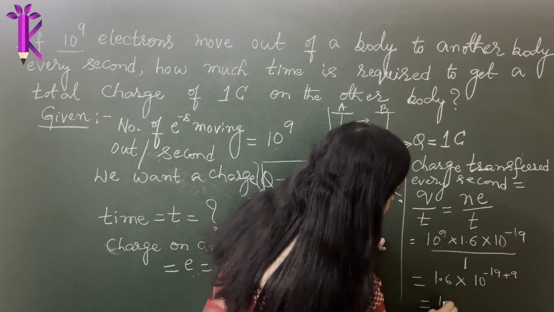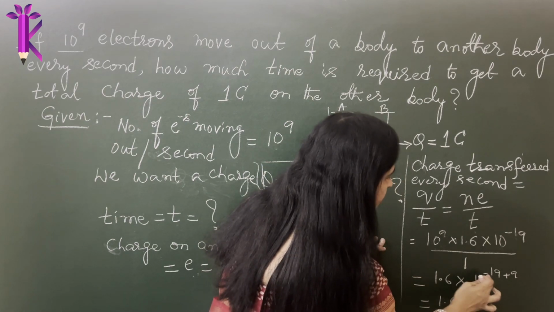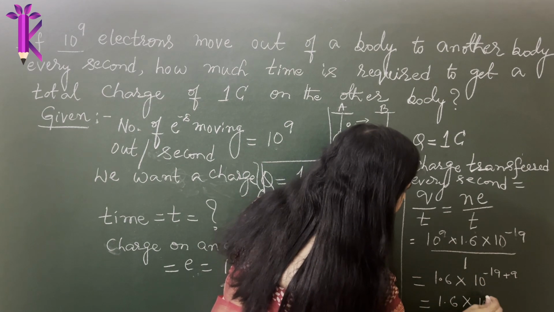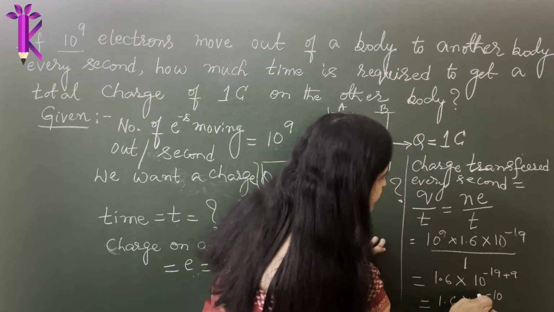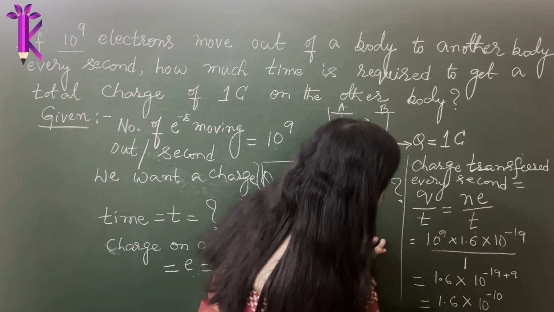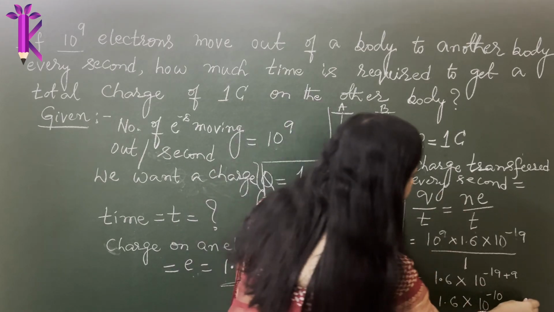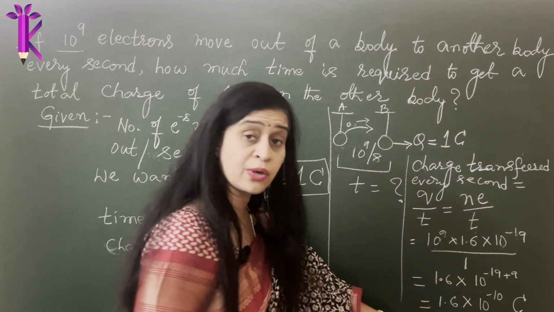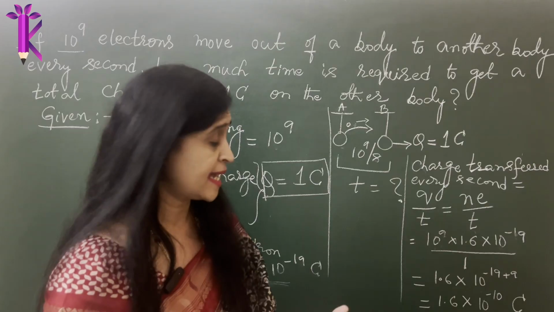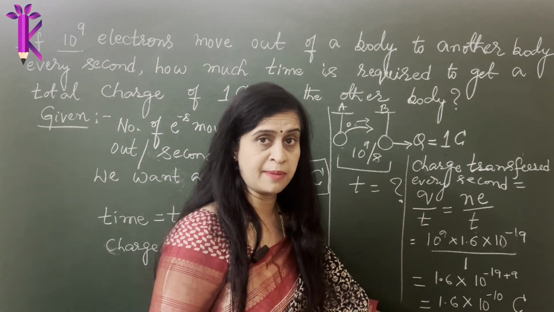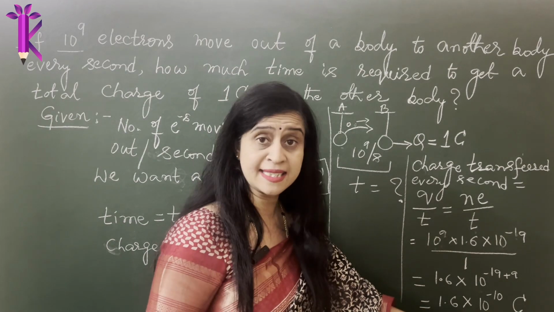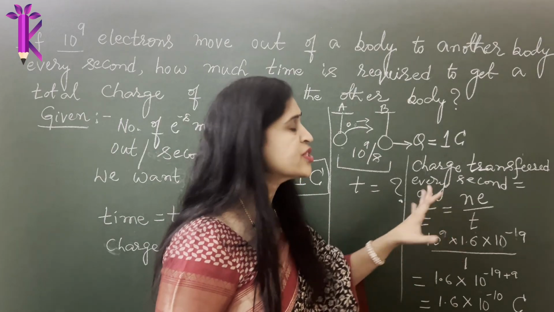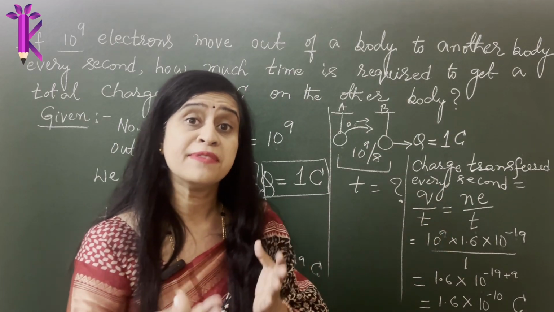So this will be 1.6 into 10 to the power of minus 10. This is the amount of charge that is actually transferred every second. So this is not equal to 1 coulomb yet, it is much less than 1 coulomb. So that much is the charge that is transferred every second.